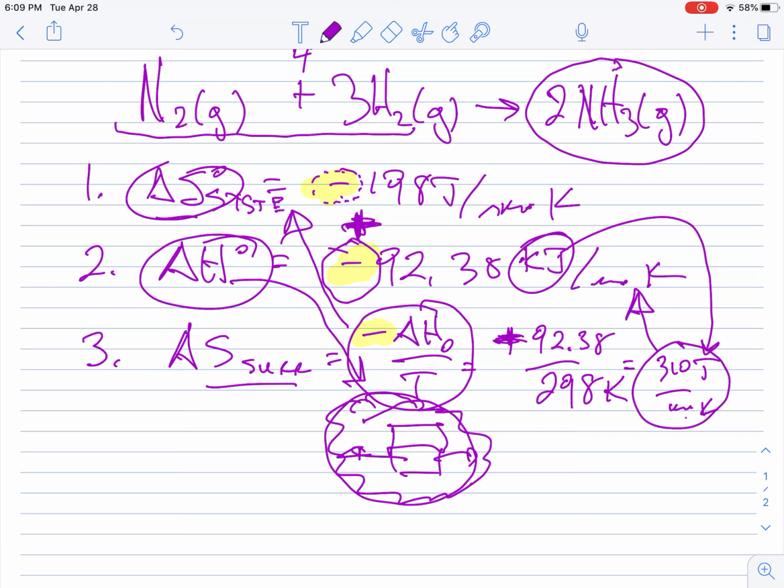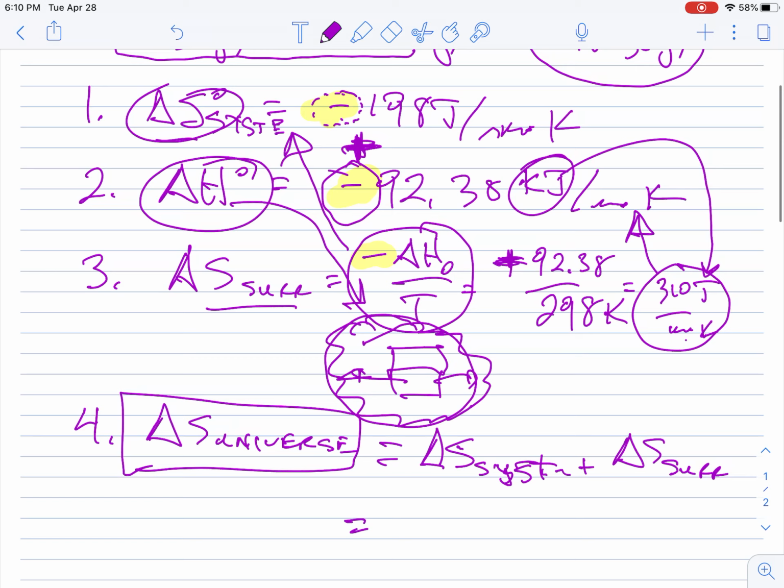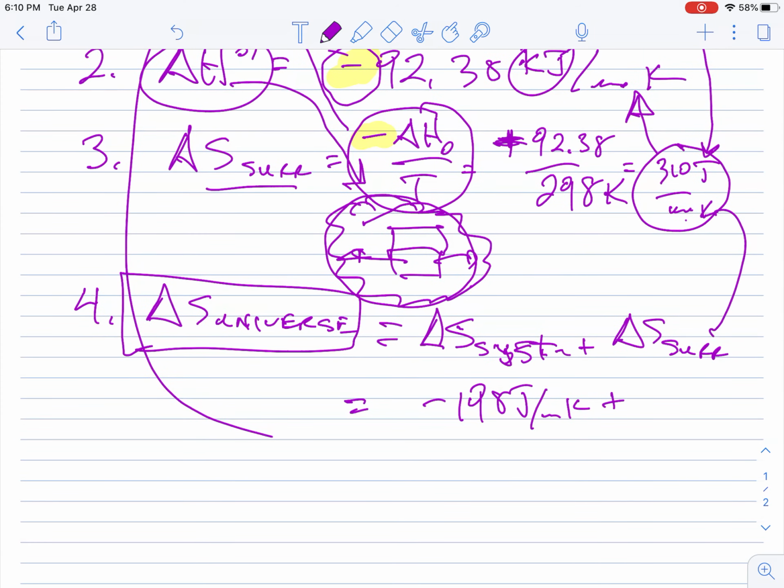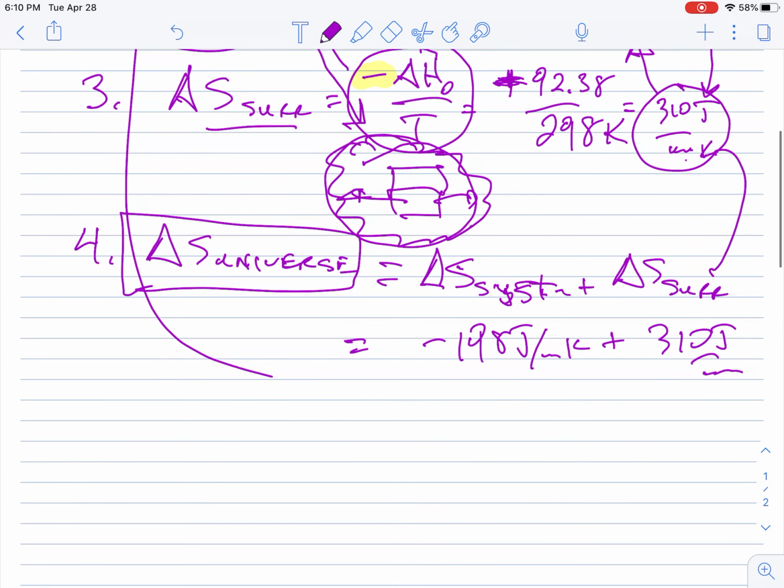So if you go through here and you take the delta S for the system, negative 198 joules per mole Kelvin, add that to the delta S for the surroundings, 310 joules per mole Kelvin, and if you do this math, you get a positive 112 joules per mole Kelvin.